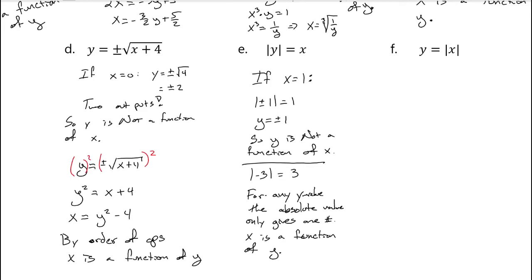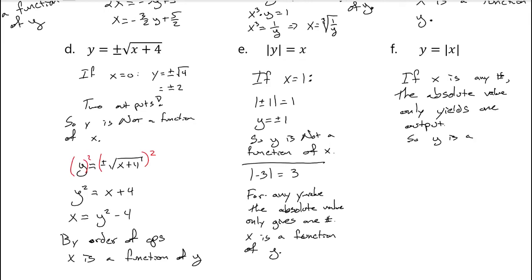And then part F is just the reverse of this. So here, if x is any number, the absolute value only yields one output. So y is a function of x.